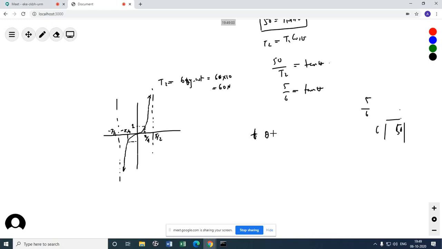So theta will be between 43 and 45, so 43 or 44 degree. Just check it.